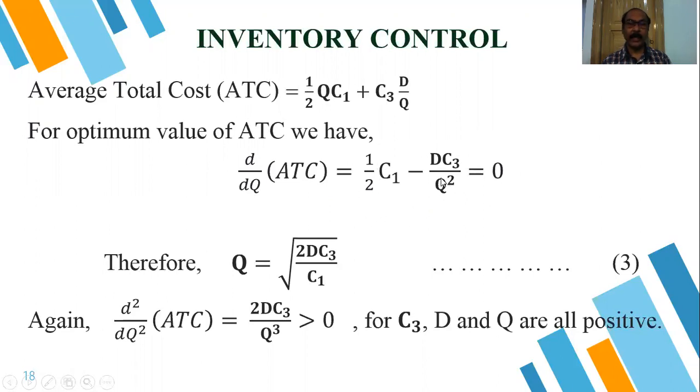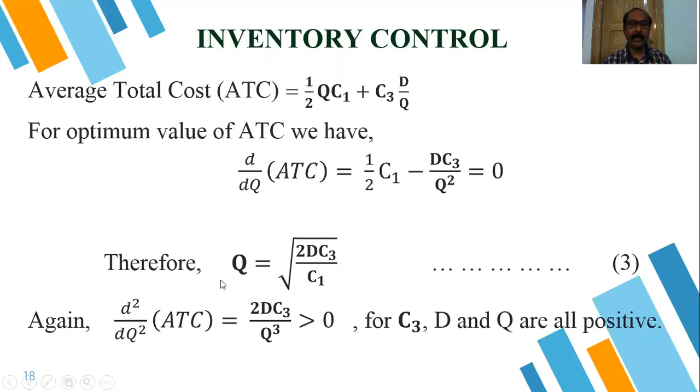And from that we will get Q, so after changing the side, what we will get? Q square equal to, this will multiply it here, twice D C3 divided by C1. So Q square equal to twice D C3 by C1.